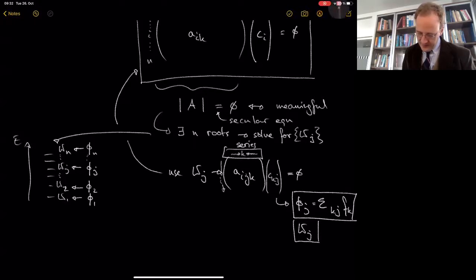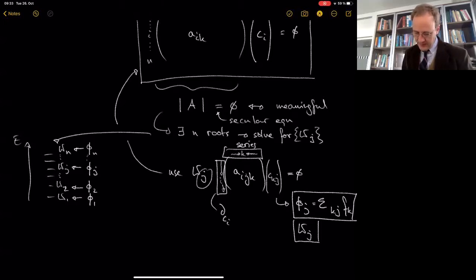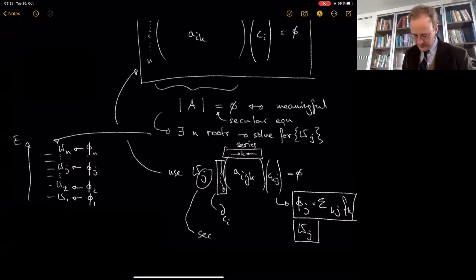The i dimension is from differentiating with respect to Ci, and the j dimension is from solving the secular equation, finding roots of the secular equation. So that's what we mean.